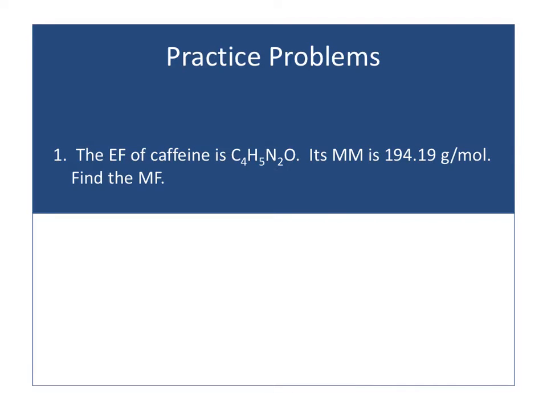Well, first thing I have to do is find the empirical mass. So to find the empirical mass, I take 4 carbons, 5 hydrogens, 2 nitrogens, and an oxygen, and I add them all together.